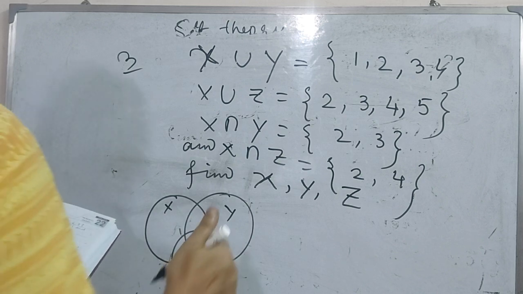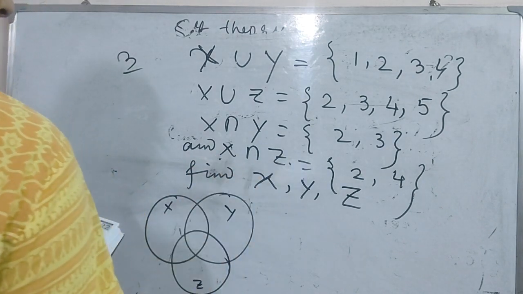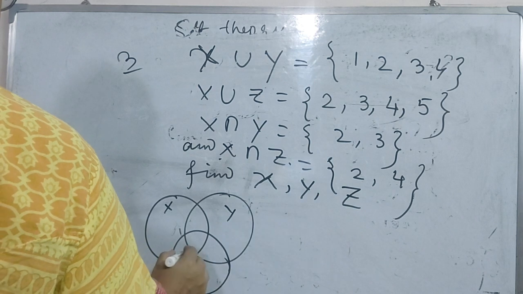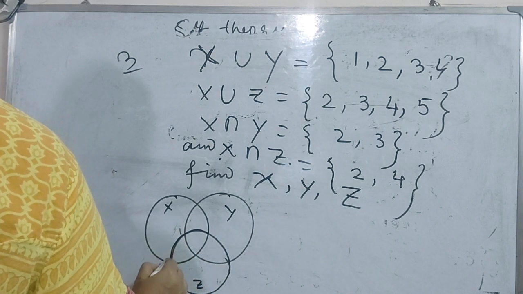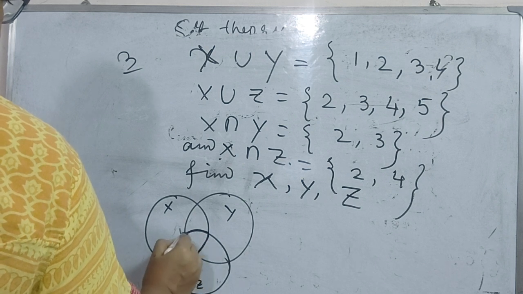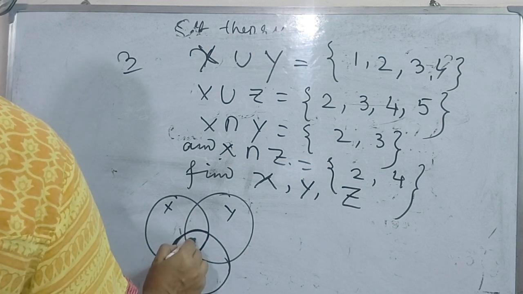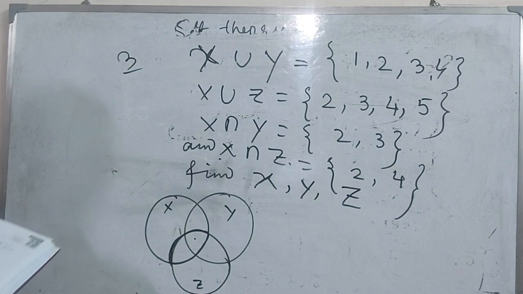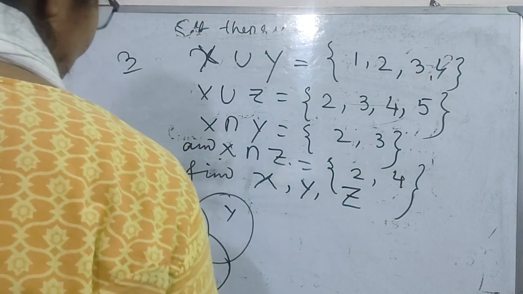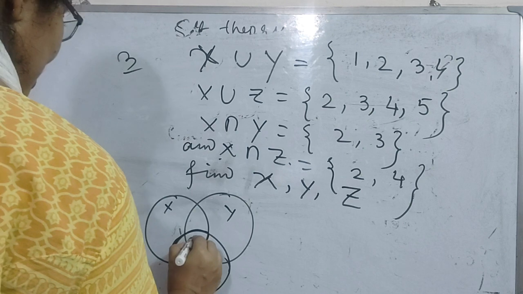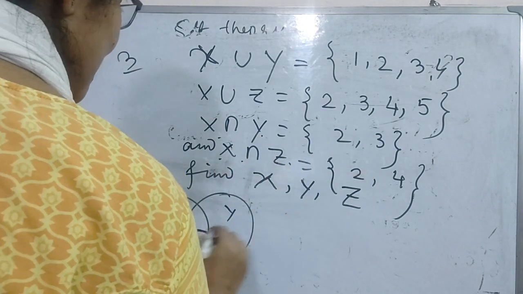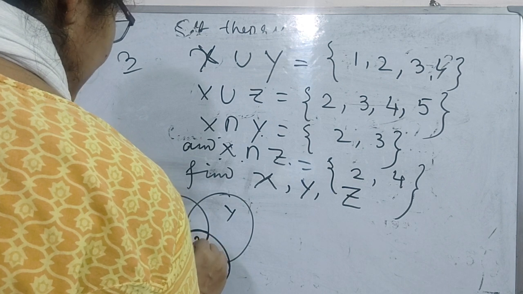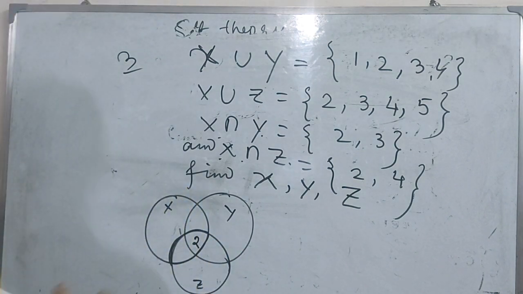X intersection Z equals 2, 4. X intersection Z means this area, but Y is here. So X intersection Y is 2, 3. So for X intersection Y and X intersection Z, 2 is common. So I will write here 2 and here 4.